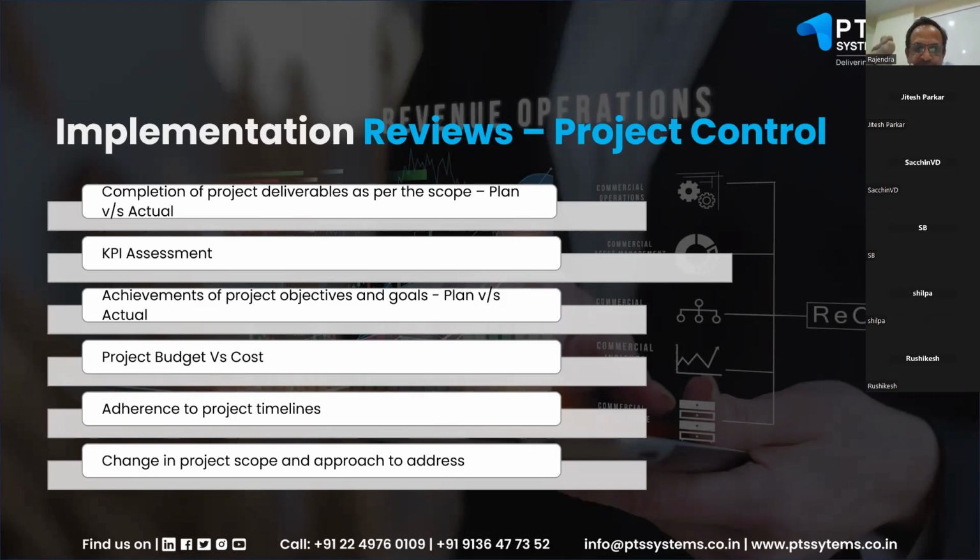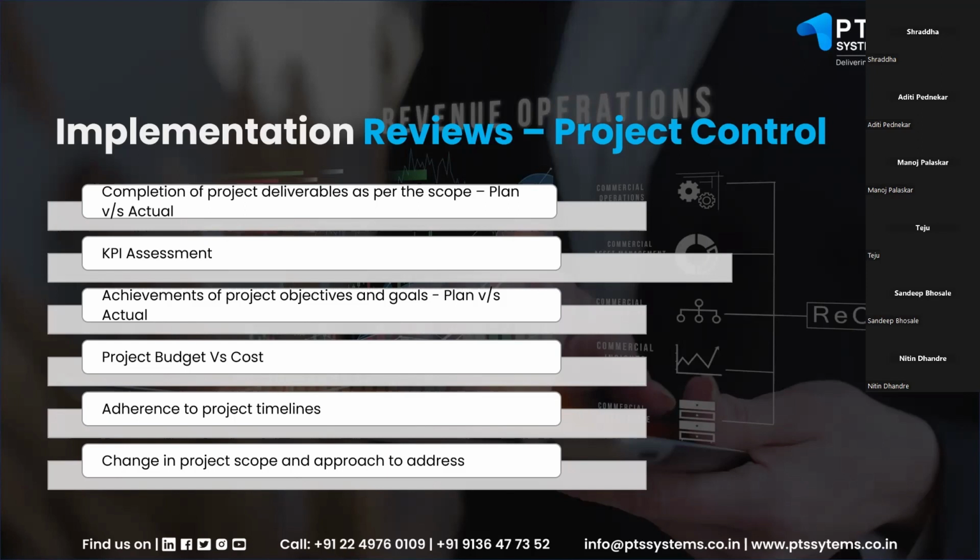Then there is project budget versus cost. The project budget should normally be at various levels. For example, there could be resource cost, software cost, or implementation cost.